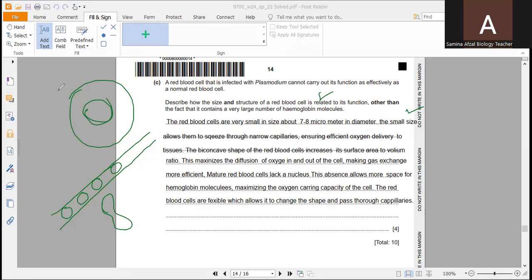Mature red blood cells lack a nucleus. This absence allows more space for hemoglobin molecules, maximizing the oxygen carrying capacity of the cell. Red blood cells are also flexible, which allows them to change shape and pass through capillaries. So this was all about question number 5.